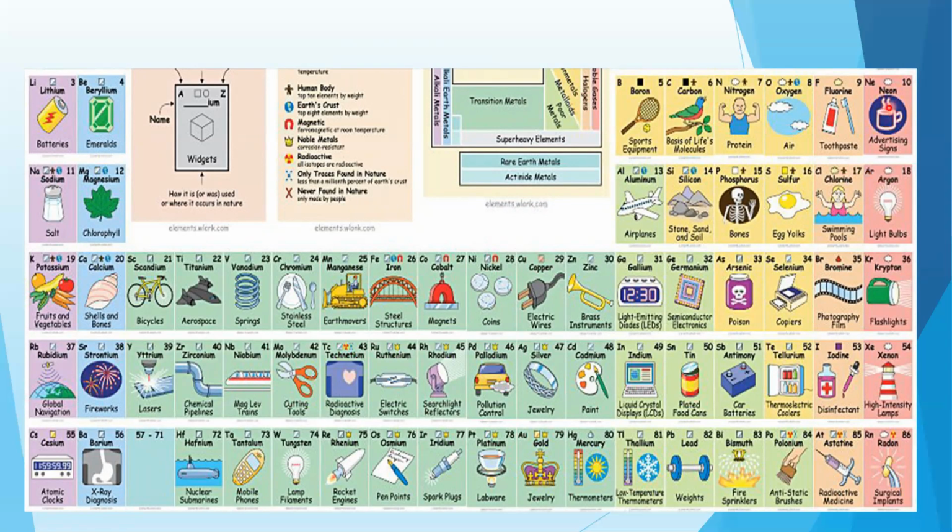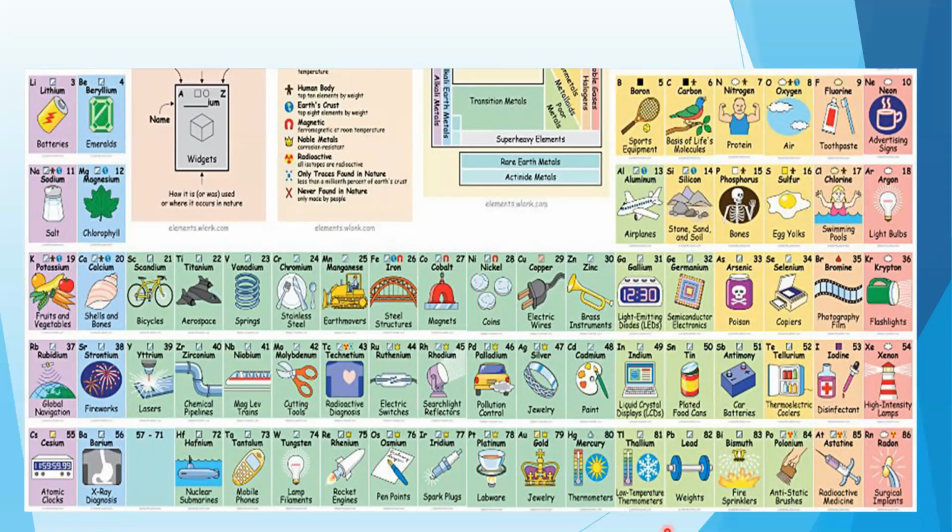These are the noble gases, which are useful: neon is used in advertising signs, argon in incandescent bulbs, krypton for flashlights, xenon for high intensity lamps, whereas radon is for surgical implants. Then astatine, a 17th group element, is used in radioactive medicines.